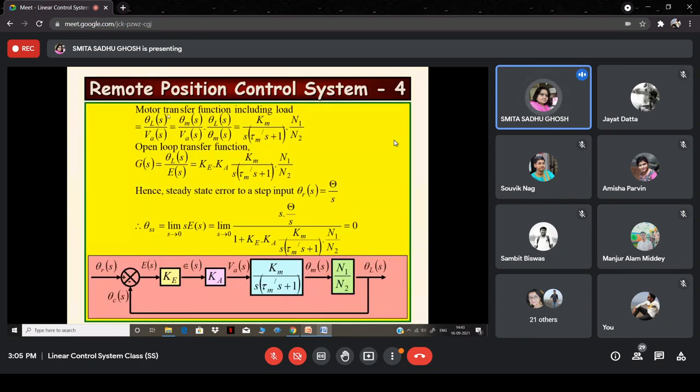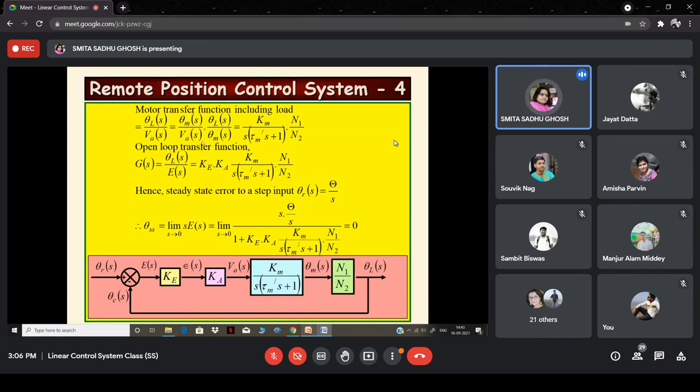So basically, what we are going to do next is find out theta L by Va. We have theta m by Va. To find theta L by Va, we do a very simple thing: theta m by Va into theta L by theta m. In the numerator and denominator, theta m has been introduced, enabling us to break up theta L by Va into two portions. What are the two portions?